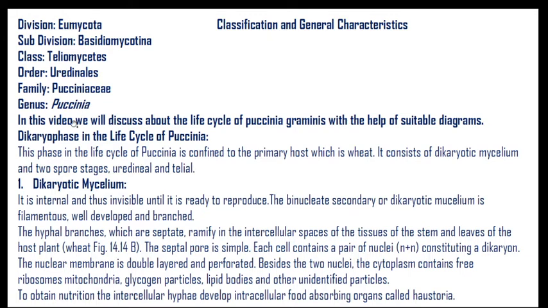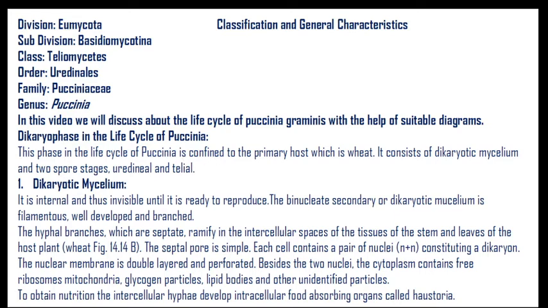So in this video we will discuss the life cycle of Puccinia graminis with the help of a suitable diagram, and the dikaryophase in the life cycle of Puccinia. This phase in the life cycle of Puccinia is confined to the primary host.